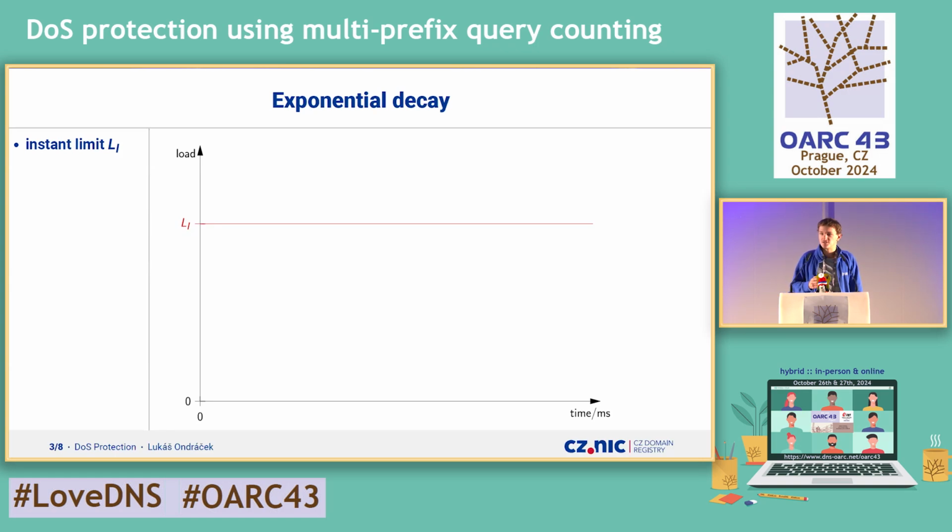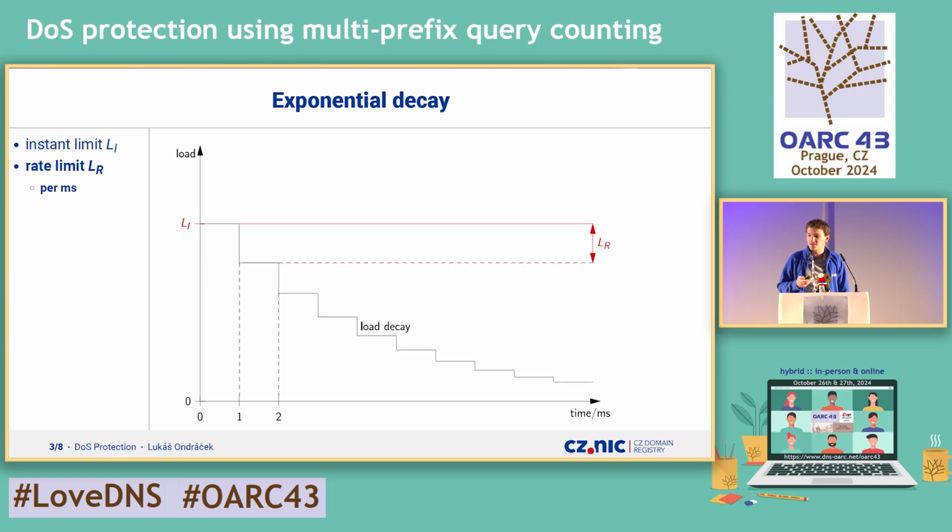And the red line is the instant limit. Now, let's say we have received many queries from the same host, and so he hit the limit, and now he will stop sending the queries, so we can see the decrease of the counter.